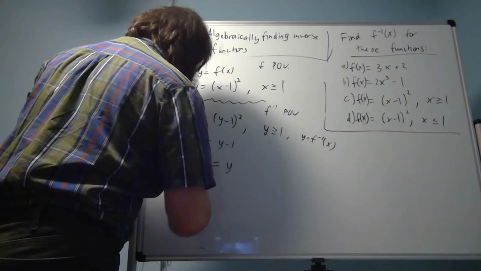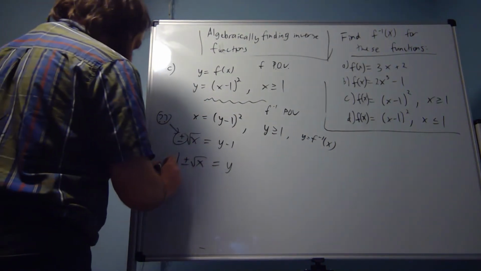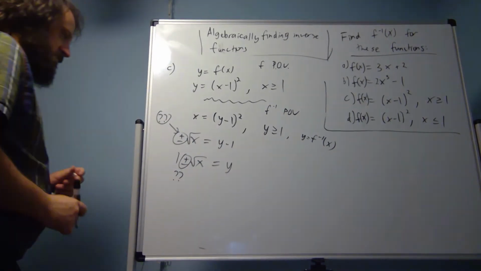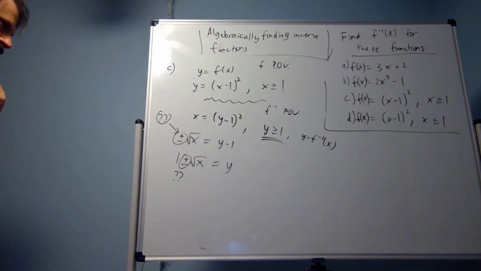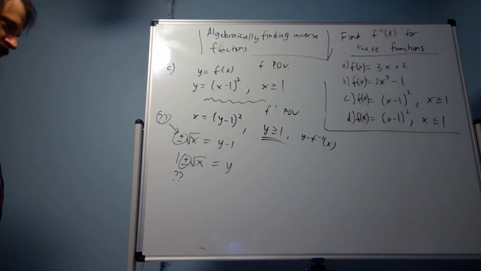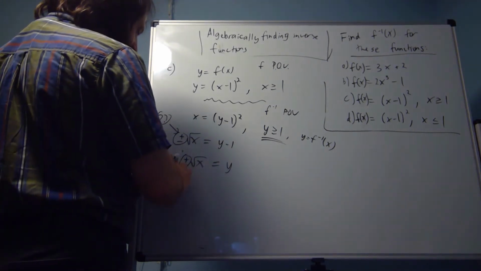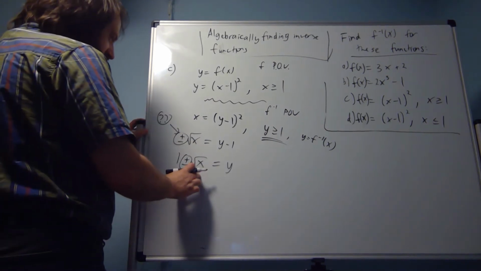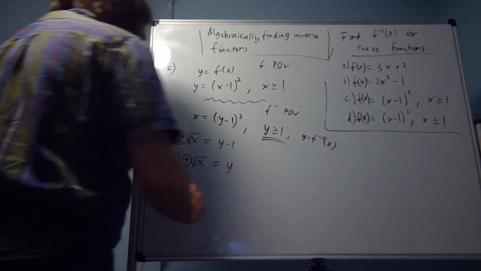We don't know which one yet. Well, here's where this comes in. We know that y has to be bigger than or equal to 1. And how can that happen? Well, if we use minus here, when we plug in different x values, we'll get things that are smaller than 1 when x is like 1 or 2.